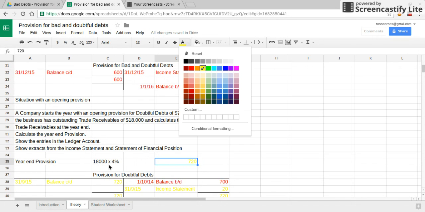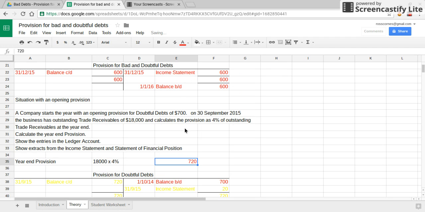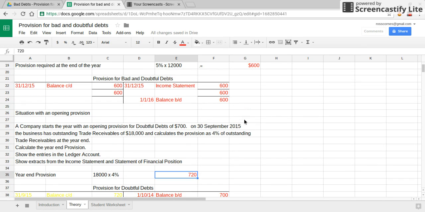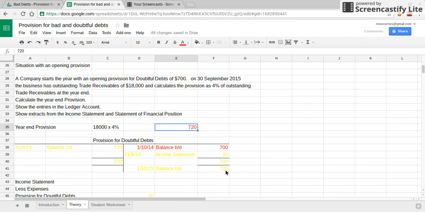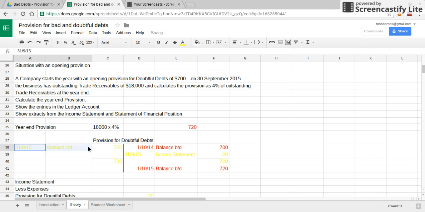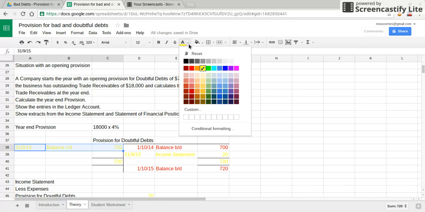You've got 18,000 divided by 100 times by 4 should come to 720. If you remember what we did when we didn't have an opening balance, the balance carried down went on the debit side because the balance brought down has got to be on the credit side. So we'll put in the year-end provision.